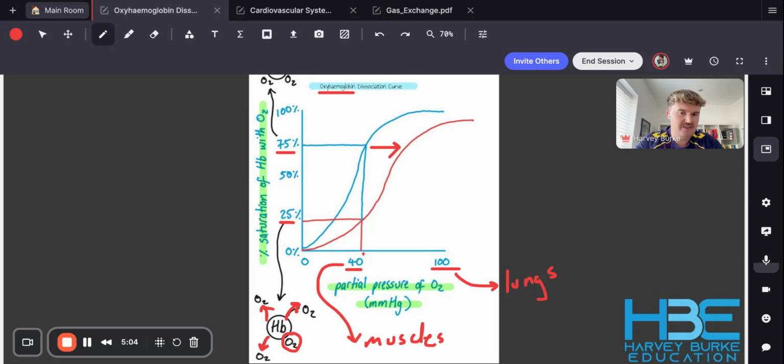So we'll associate that part of the x-axis with the muscles. And initially, what this graph is showing us is that when there's loads of oxygen somewhere, hemoglobin is fully saturated with oxygen. So at the lungs, every hemoglobin molecule will roughly look like this.